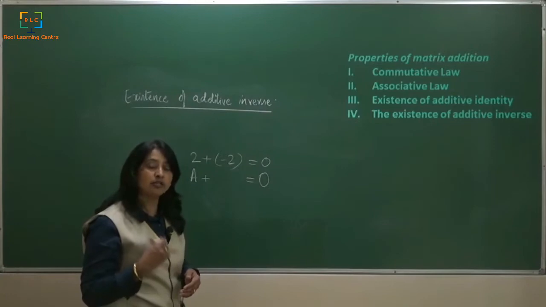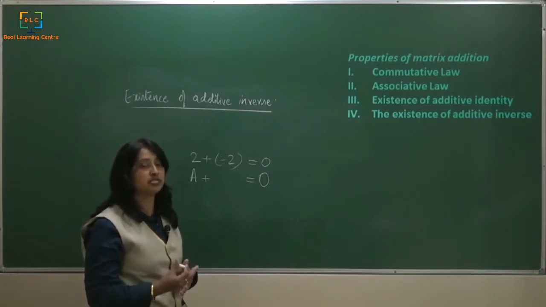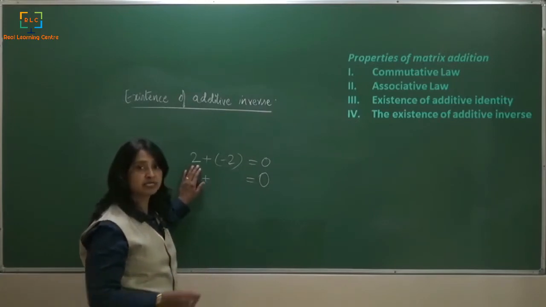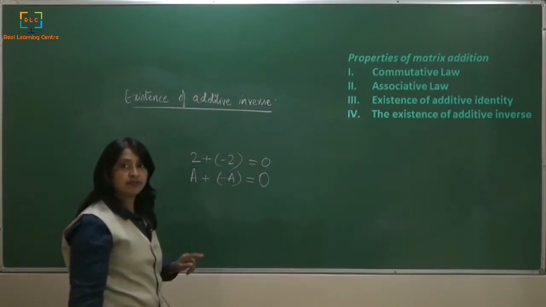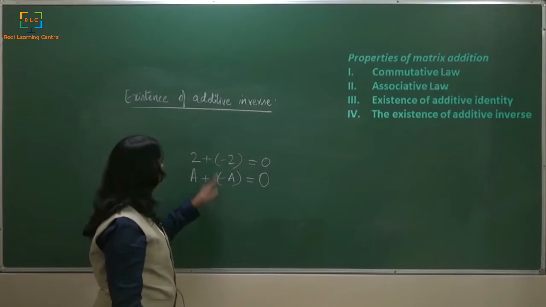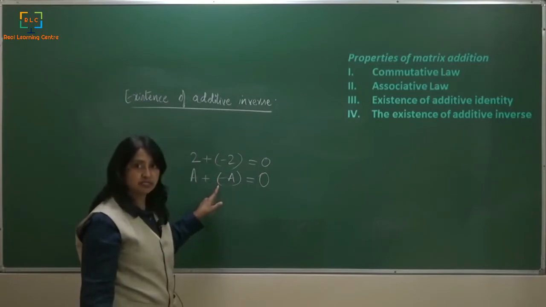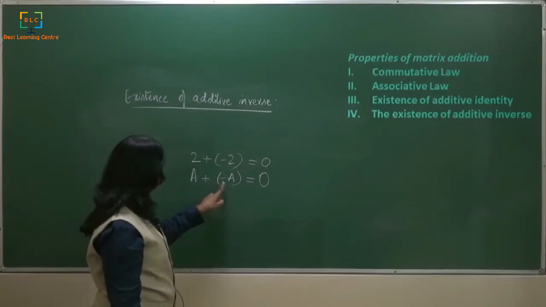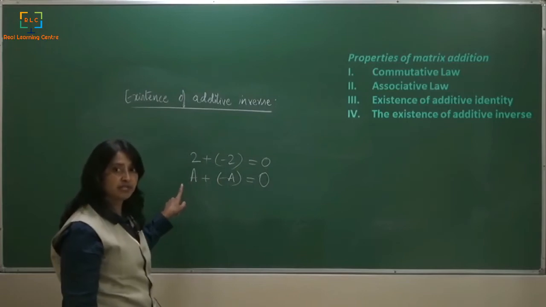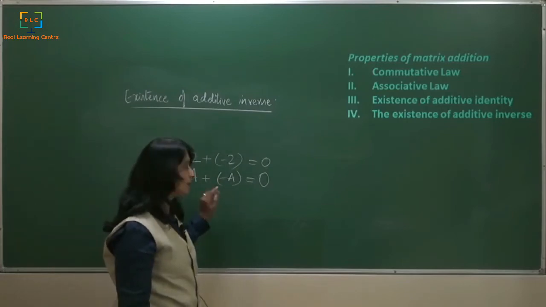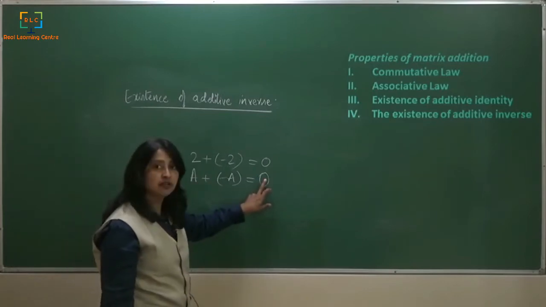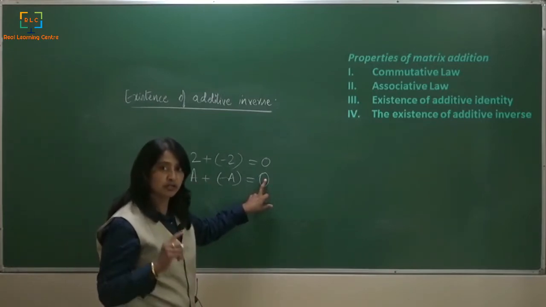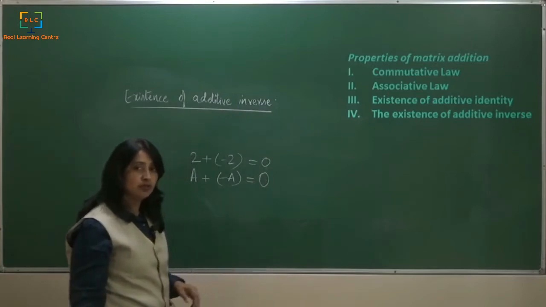When you write all the elements with the opposite sign, what you get is negative of this matrix, and that is called minus A. Okay, so the way we deal with arithmetic numbers here in algebra with the matrices also, minus A is said to be the additive inverse of plus A, and plus A is said to be the additive inverse of minus A, because when we add the corresponding elements of these two matrices we end up getting the 0 matrix with all the elements equal to 0.